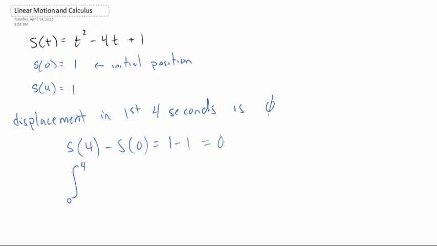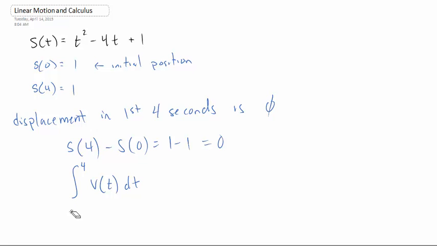The integral from 0 to 4 of, well, what function has an antiderivative that is the position function? Well, it's the velocity function. And in general, if we know the velocity function, we can find the total displacement by integrating the velocity function with respect to t and evaluating at the beginning time and ending time.